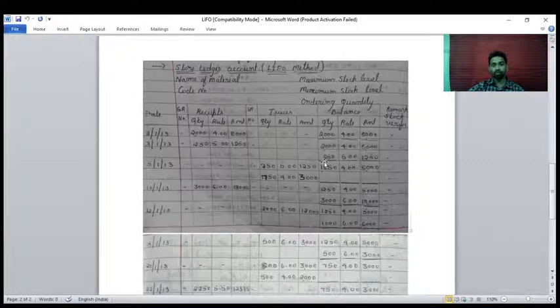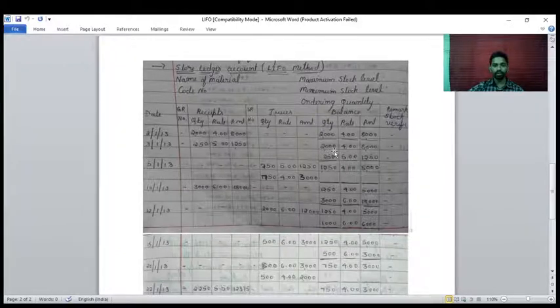So first of all we issue the last stock. We have to issue 1000 units and only 250 units are there in the last stock, so take 250 at the rate of 5, that is 1250. The remaining 750 we have to take from the first lot.